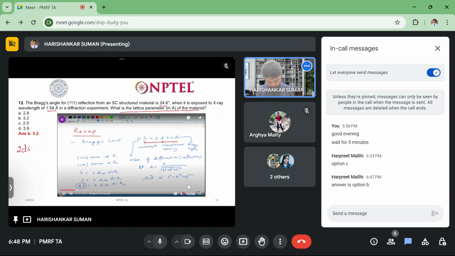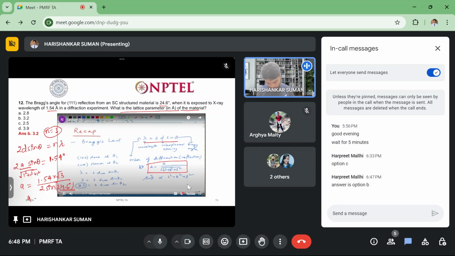Here n is 1, lambda is given as 1.54, and d equals a by root of h squared plus k squared plus l squared, where hkl is 111, so root 3. So a equals 1.54 times root 3 divided by 2 sin theta, putting the value of theta as 24.6.